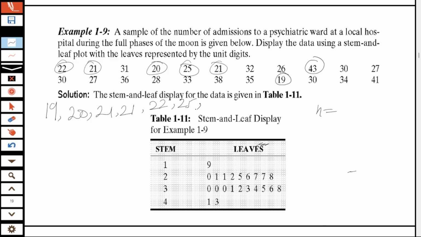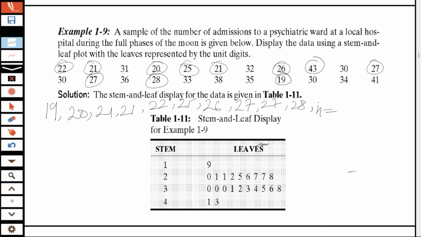The next is 26, then 27, and we have another 27 again. And then we have 28.